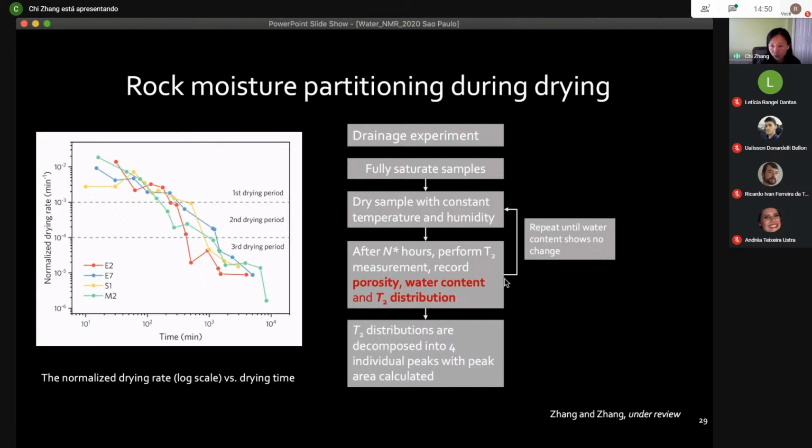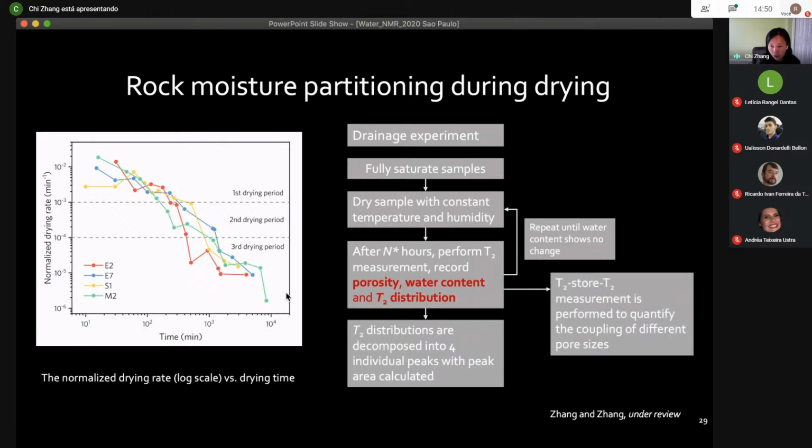We also used our recently developed multi-Gaussian analysis method to decompose the peaks and calculate the contribution of each individual peak to the T2 relaxation. For some of the samples, we also measured T2-T2 experiments to quantify if there is any coupling of the different pore sizes in the system.